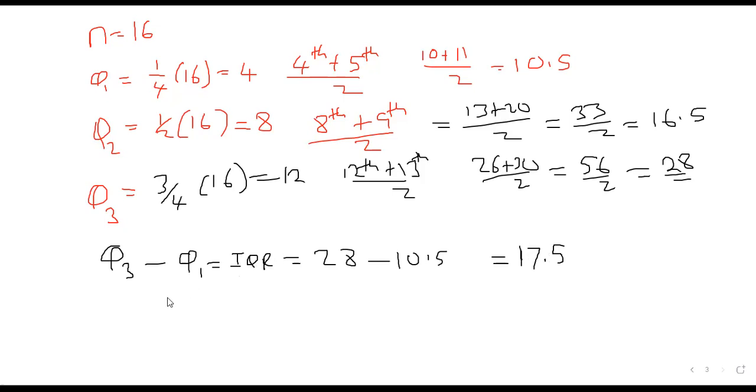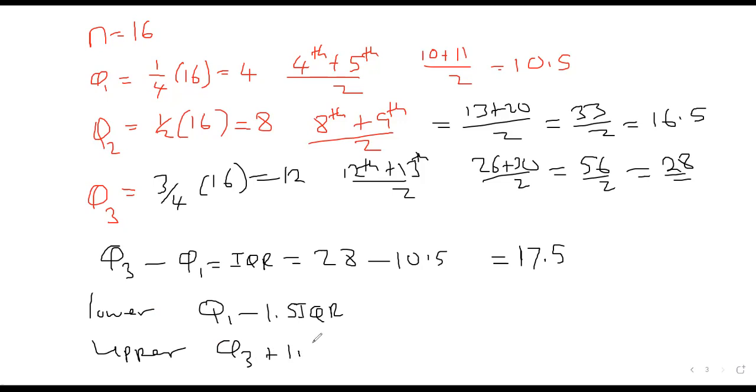So to find the extreme values, the lower extreme value, we do Q1 minus 1.5 times the interquartile range. The upper extreme value, Q3 plus 1.5 IQR. So here we're going to have what?